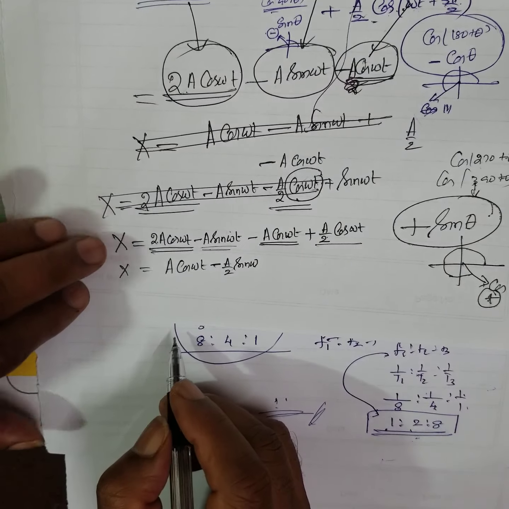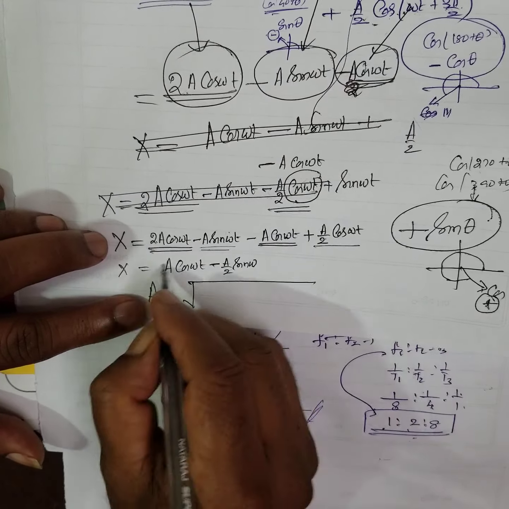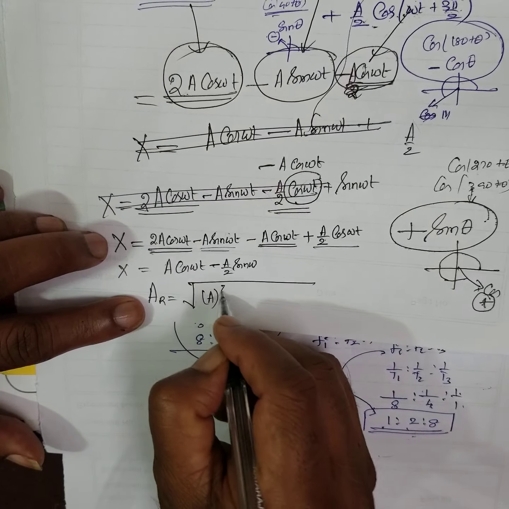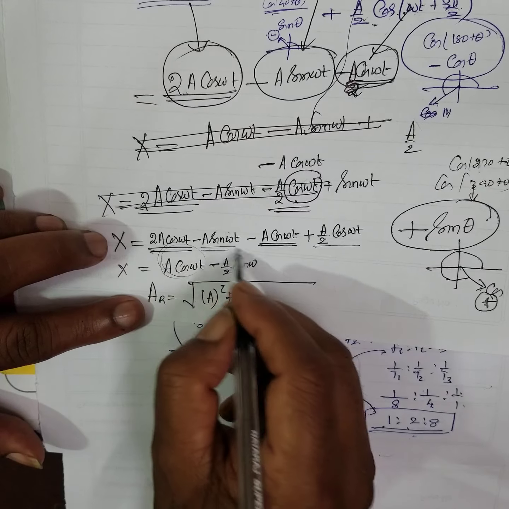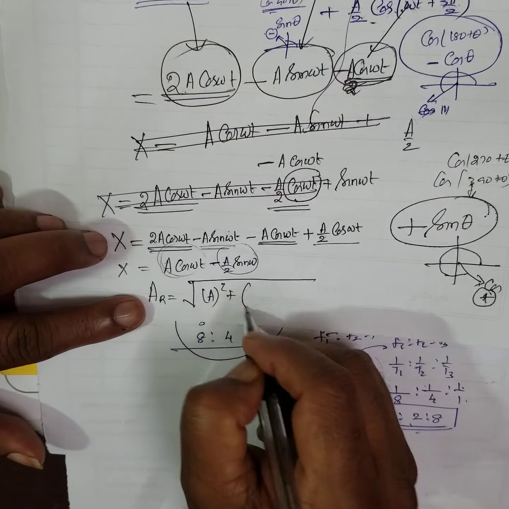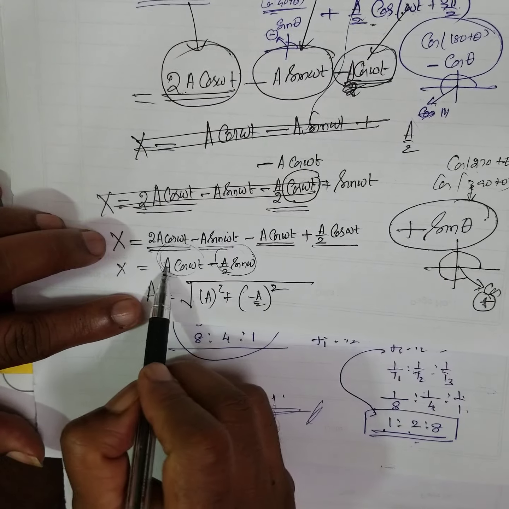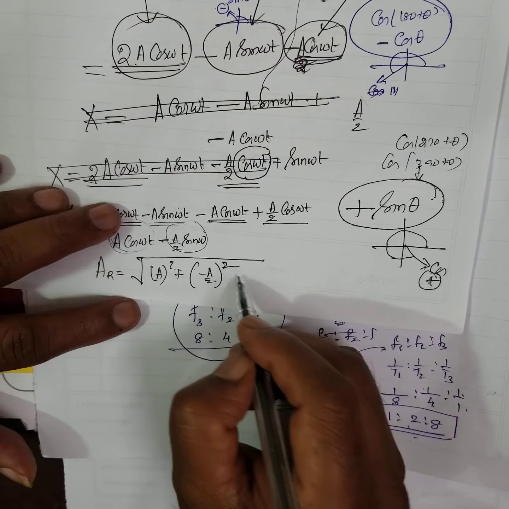Then what is the resultant amplitude? Resultant amplitude is the square root of this square plus a square. Treating each as a vector, what is the resultant amplitude? Use this formula: this coefficient square plus this coefficient square. What do you get?